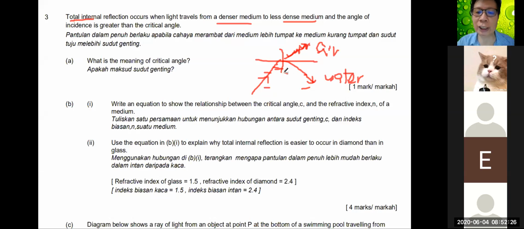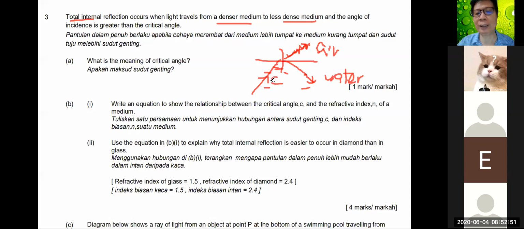Okay, the condition is this angle must be bigger than the critical angle C. When this angle is bigger than the critical angle, right? So the light will be reflected internally. So this is total internal reflection. Okay, must be bigger than C, you know.